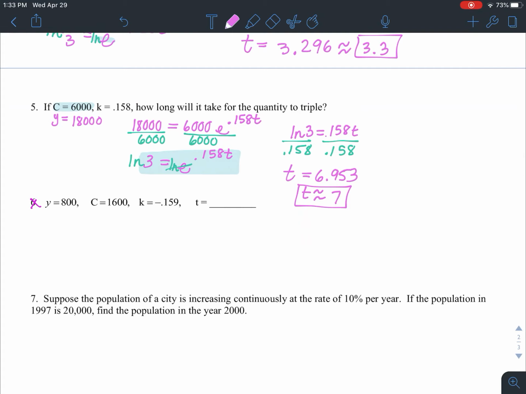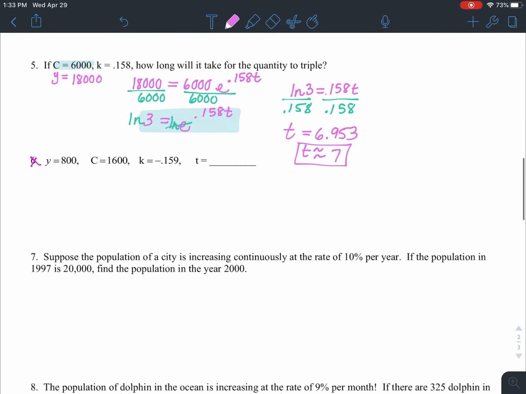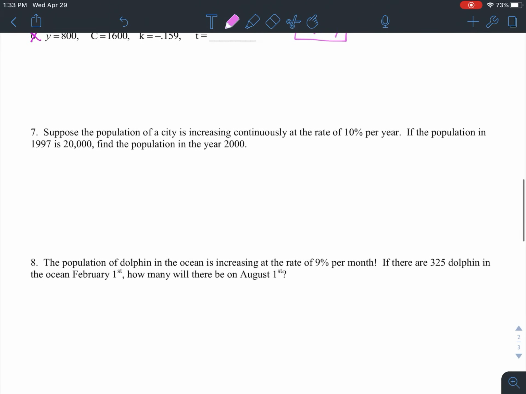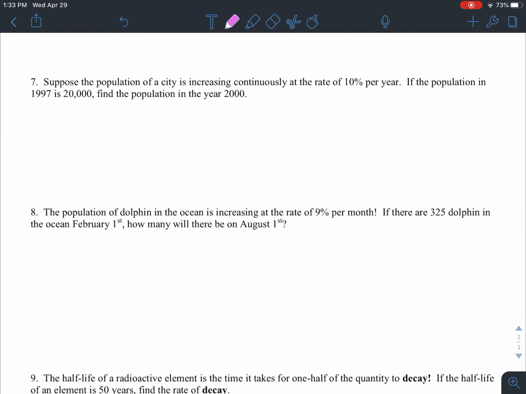All right, we're going to skip 6 because we just did an example like that, so we won't waste our time. Let's look at 7. Suppose the population of a city is increasing continuously. That's how we know to use this formula, because it's PERT.